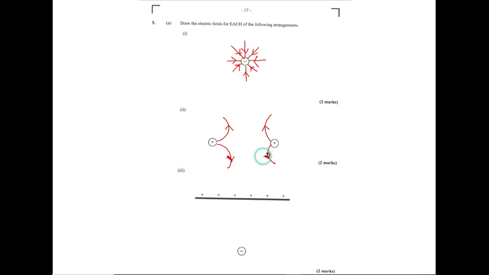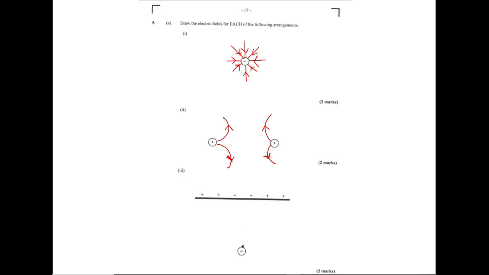The direction of the arrows for positive particles are away from with electric fields, and for negative particles they come towards. So now they gave you a positive plate and negative particle, and the funny part is in the book, this is positive and these are negative and this is positive, so they did the opposite, and this was just playing with your mind, because you'll be thinking, I remember this, and then you draw your arrows wrong.